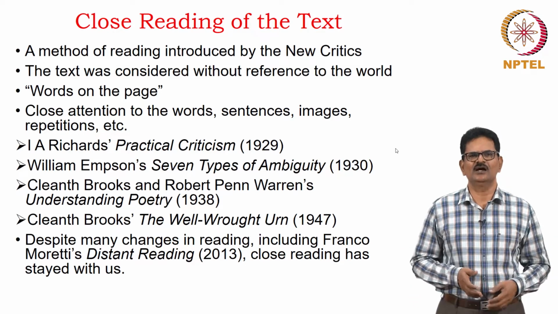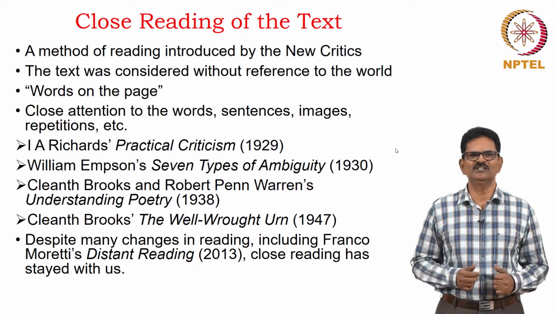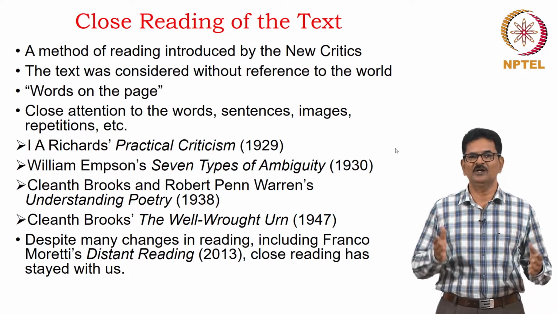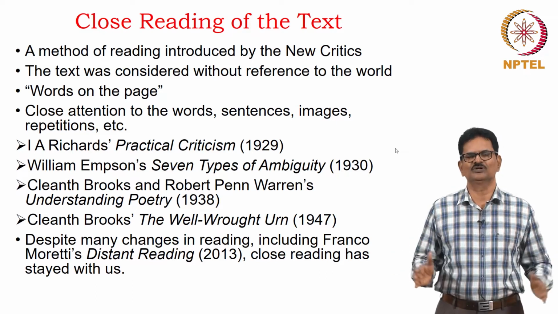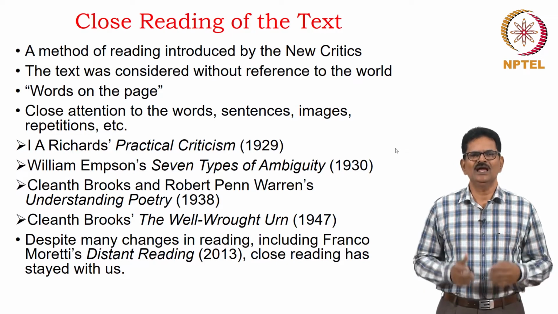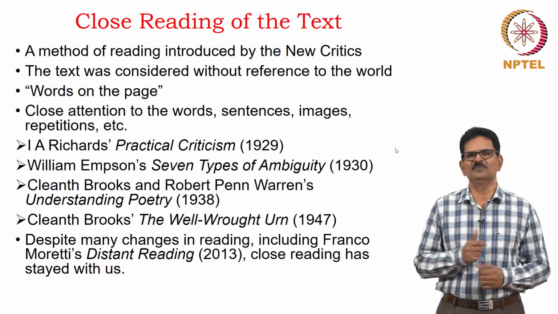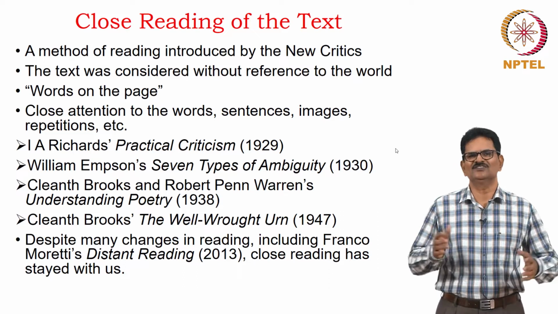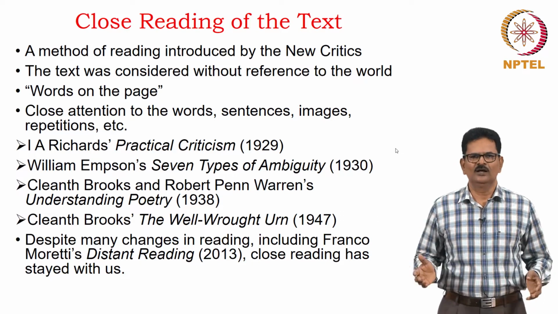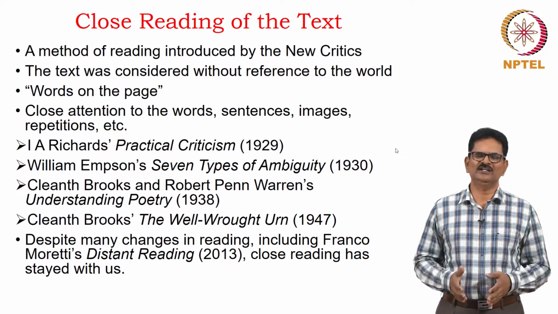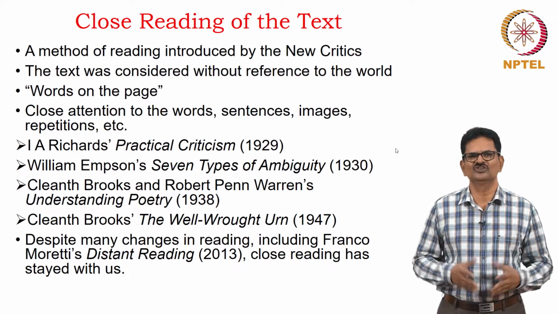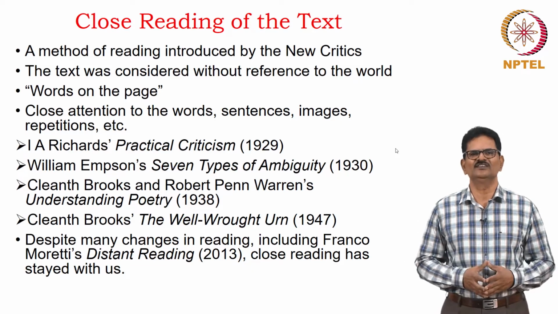Some of the writings are Empson's Seven Types of Ambiguity, Cleanth Brooks and Robert Penn Warren's classic textbook called Understanding Poetry, and then we have another famous writing of Cleanth Brooks. This is called The Well-Wrought Urn. One can understand close reading better by reading some of these books or even some of the chapters in these books.